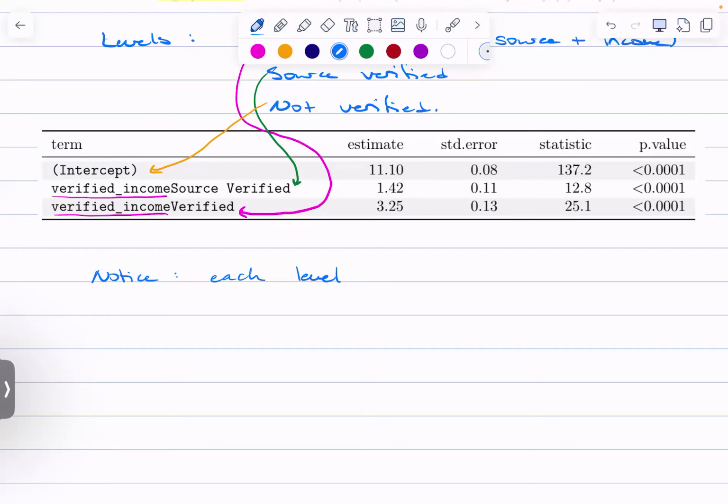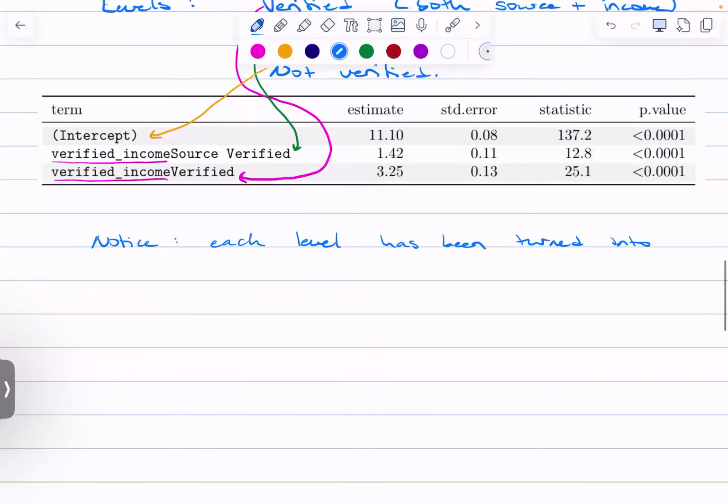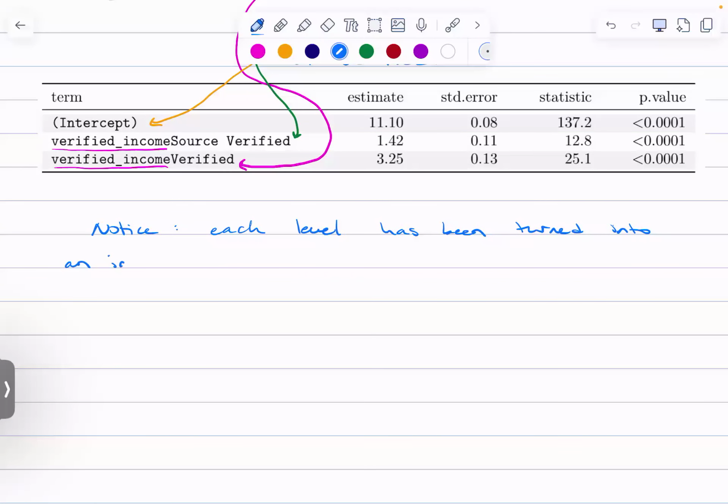Each level has been turned into an indicator variable. So now each of these two are going to be baked into our model.